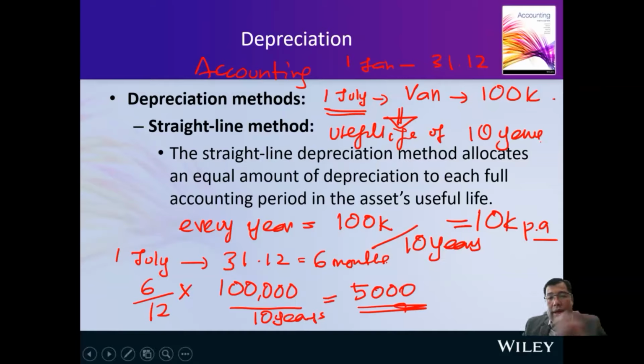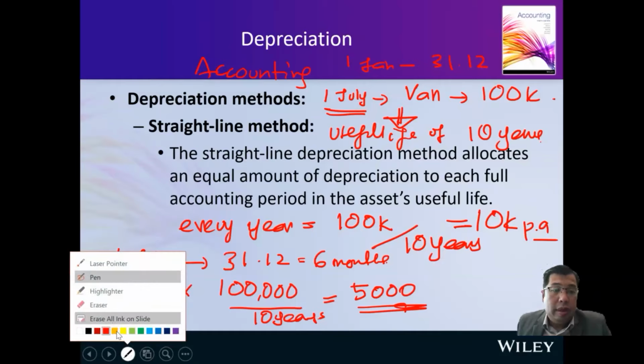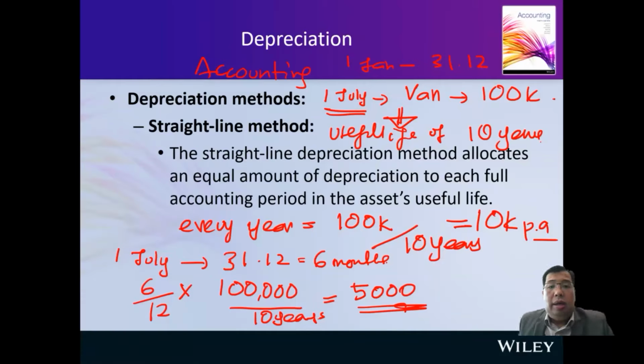Okay, let me repeat again. This is just an example. You purchase one delivery van on 1st July. The van cost is 100,000. Based on your judgment, you expect that the van will have a useful life of 10 years.